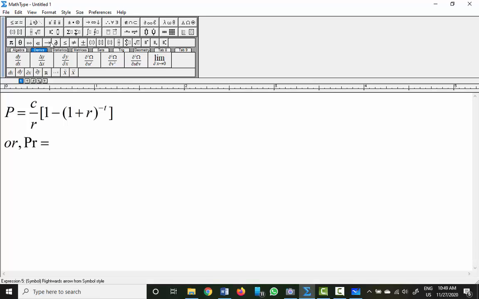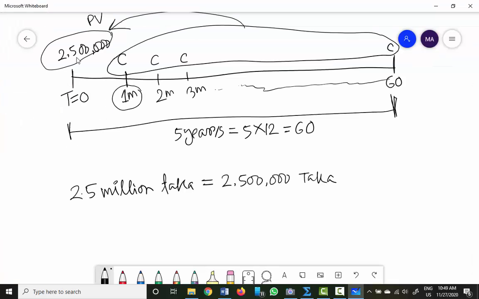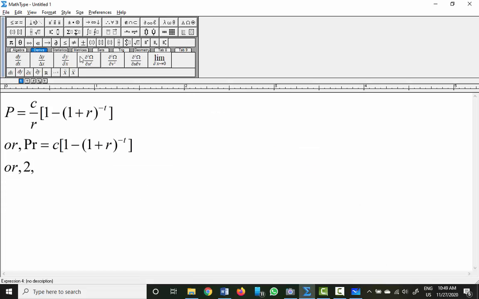If you do cross multiplication, P will be multiplied by R, and we will be left with C multiplied by this bracket. P is the present value of annuity, in this case 2.5 million taka, multiplied by R.